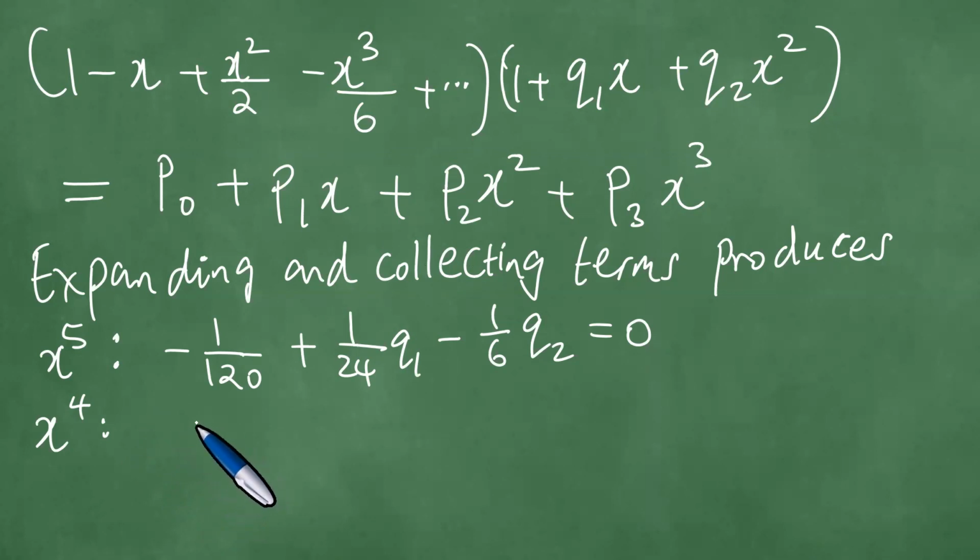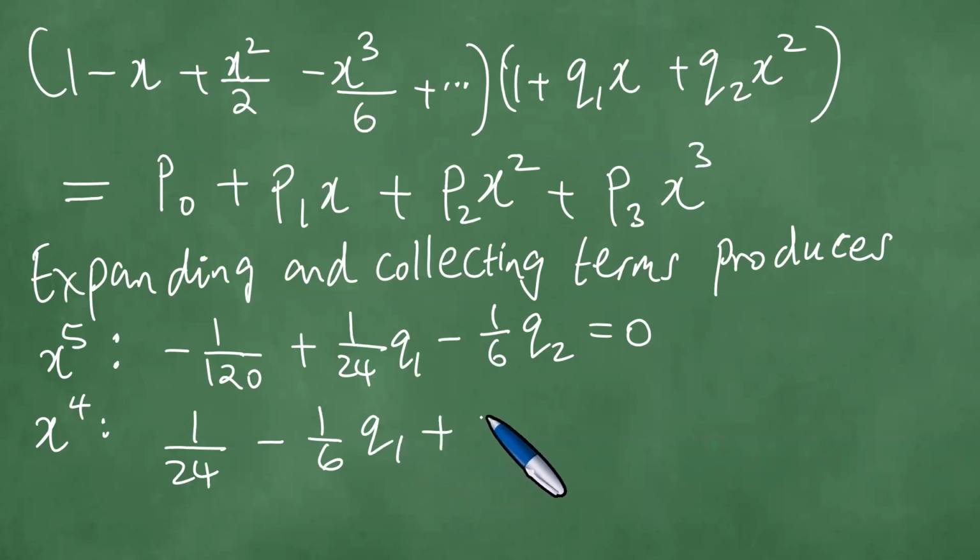Okay, so that one is going to be 1 out of 24 minus 1 out of 6 Q1 plus 1/2 Q2. And this is naught.